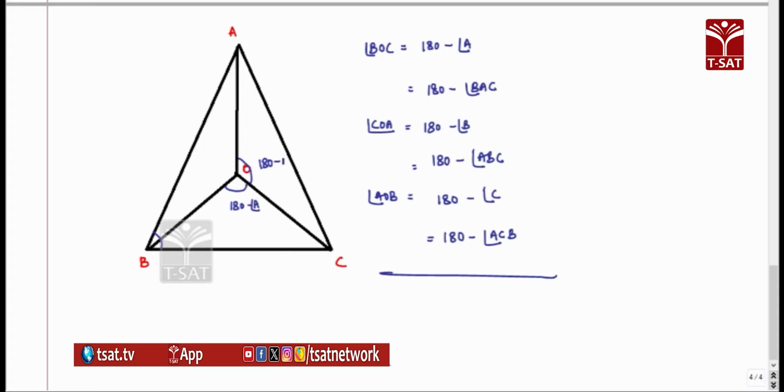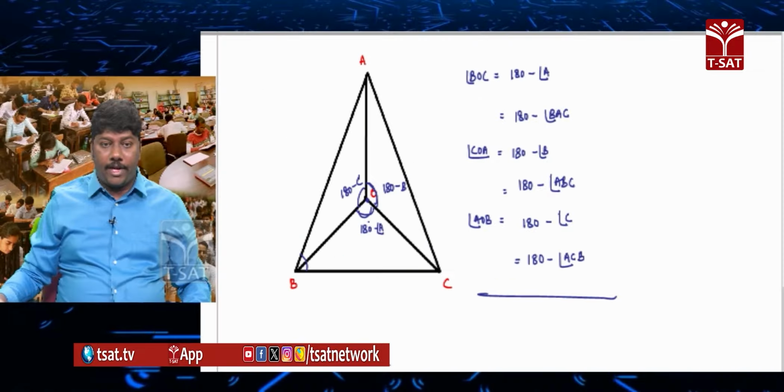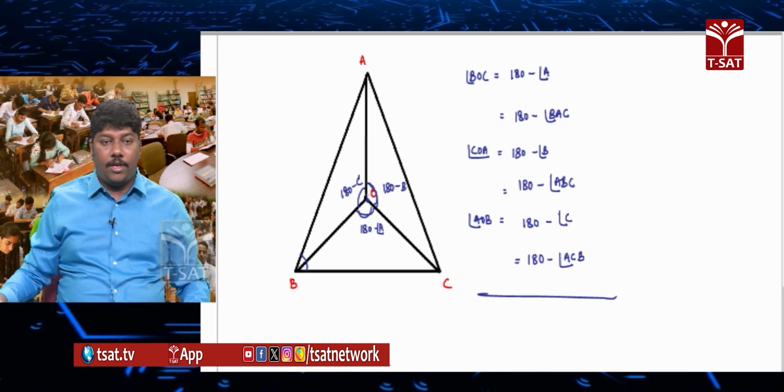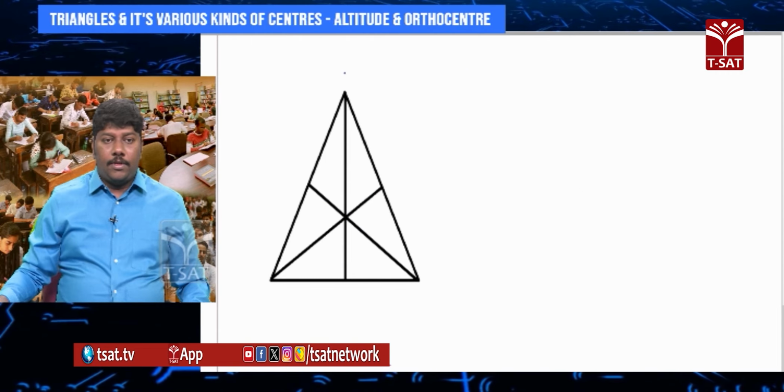So, the angle opposite to A at the center is 180 minus A. So, at the orthocentre the angles formed are 180 minus A, here 180 minus B, here 180 minus C.